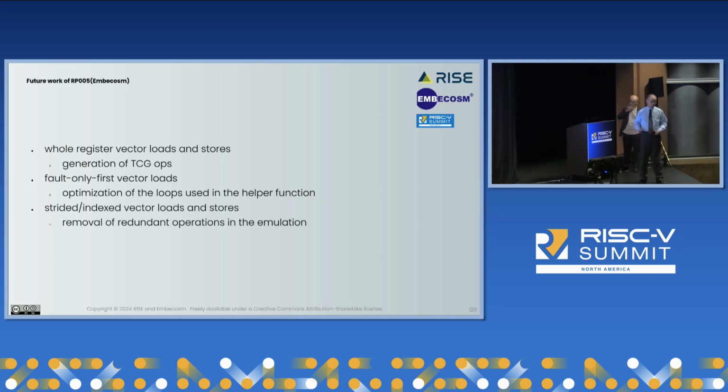That's what we're doing under RISE as Embecosm. Embecosm is also doing our own work on that. One of the things we're observing is QEMU does not optimally handle vsetvli. And we think from looking at the profiling data, like Max showed you earlier, that there is actual opportunity to do that. But that's not in the scope of the RISE project, though we do work on QEMU outside RISE as well.